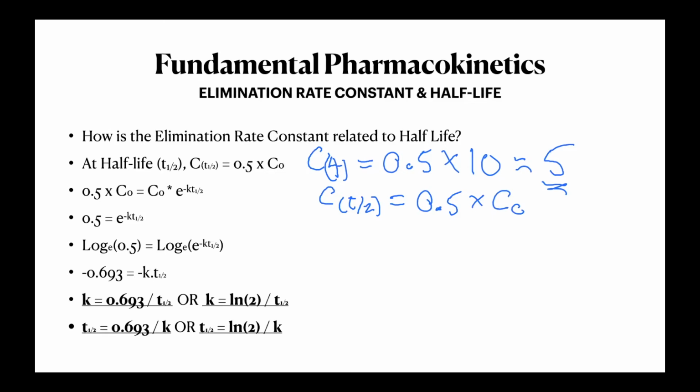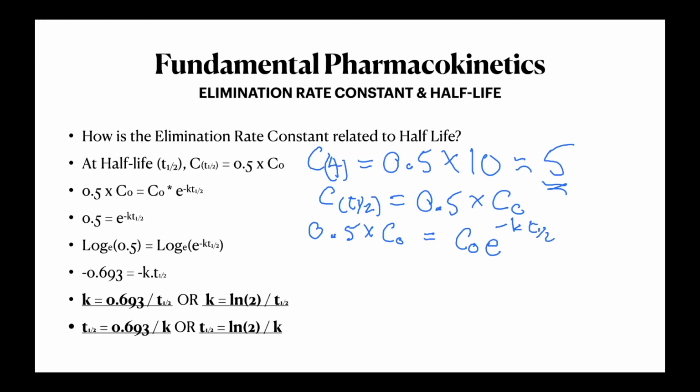And what we can do now is substitute this into our exponential decay formula. So 0.5 times the initial concentration of the drug equals the initial concentration of the drug multiplied by Euler's constant to the exponent of minus k times t half, at t half time.